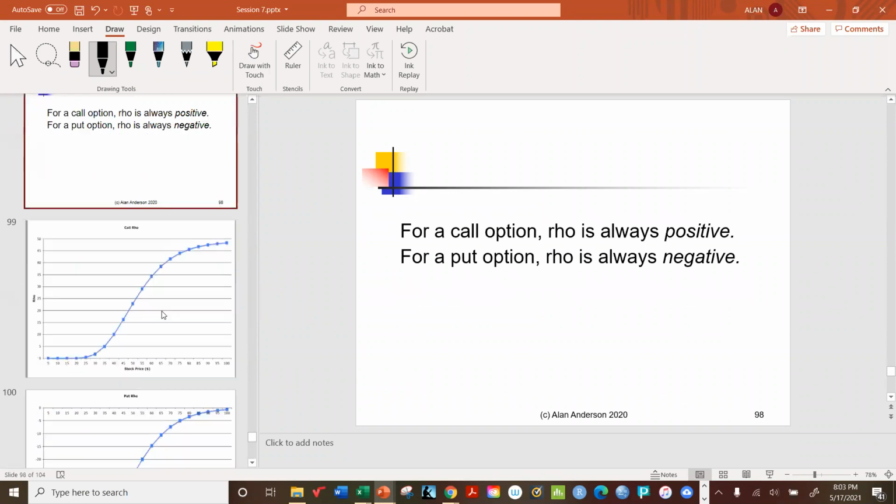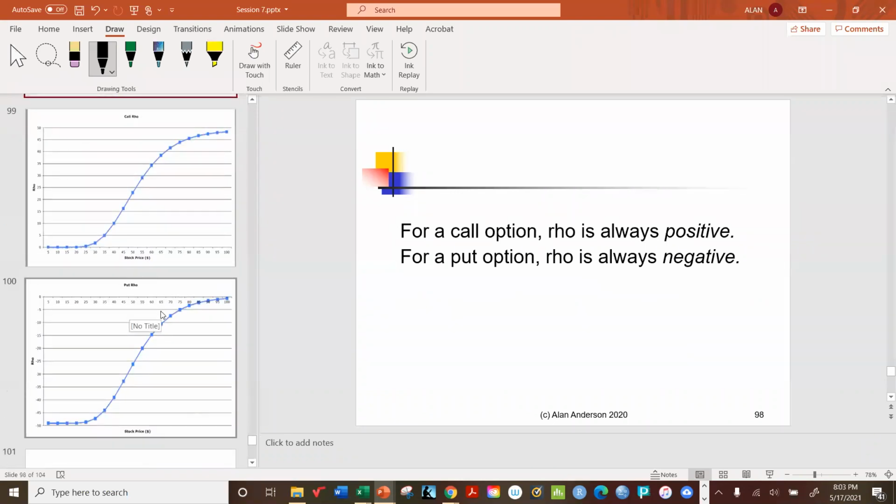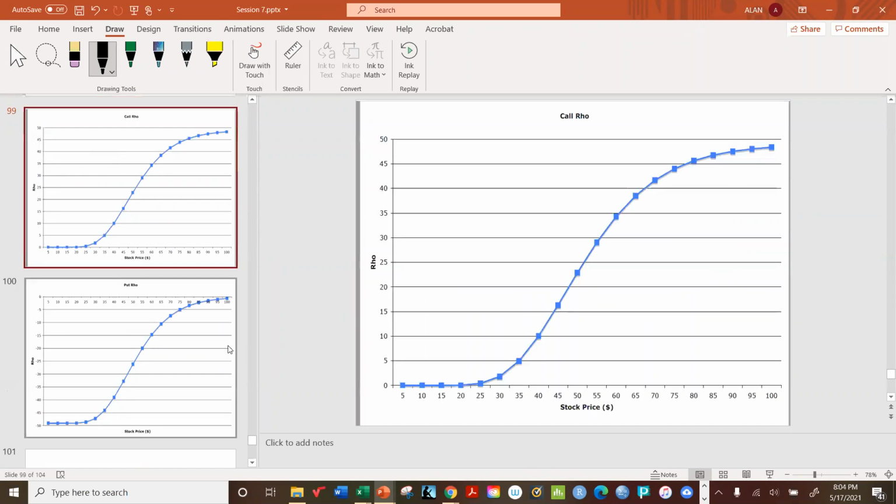Okay, let me show you the graphs. Okay, give you a second to catch up. So let's take a look at the rho of the call. Now, you notice how it starts at 0.